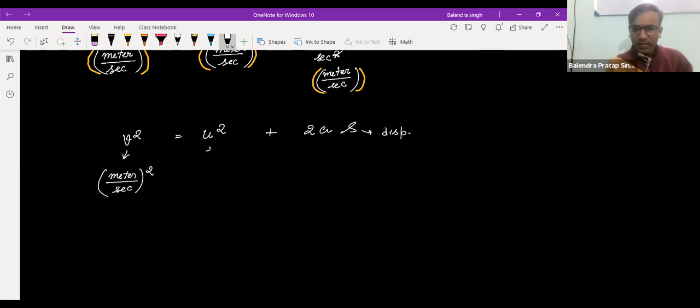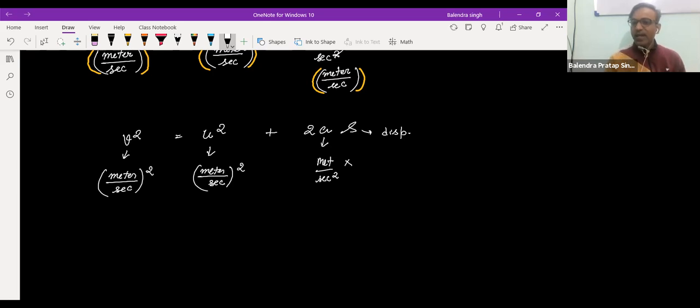The first term is quite easy because it's the final velocity, so the unit is the same: meter per second whole square. And here, for this term, we can neglect the number 2. a is acceleration, so acceleration has a unit meter per second square, into s.